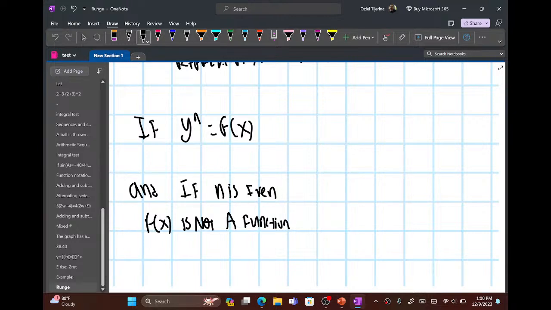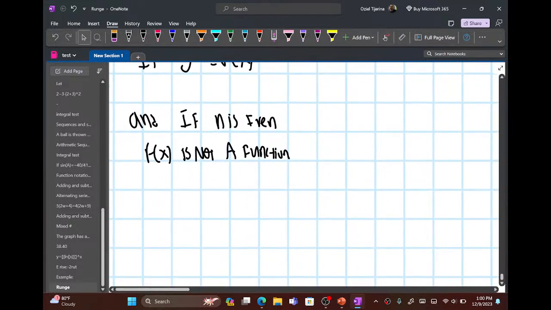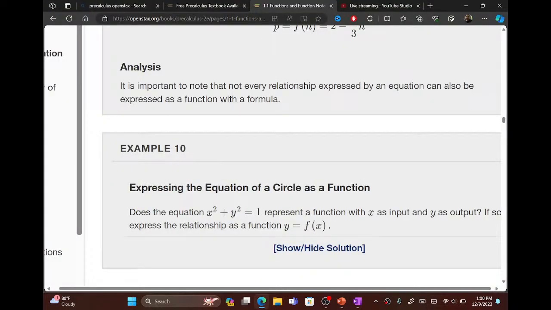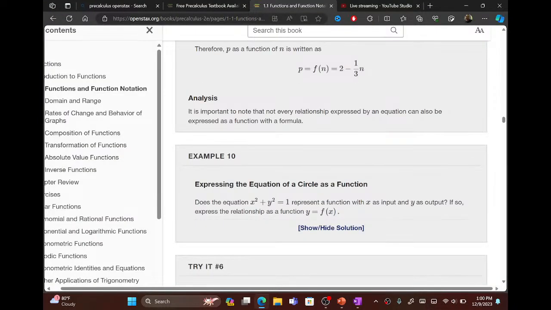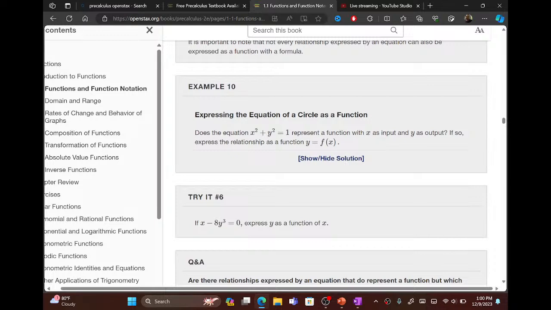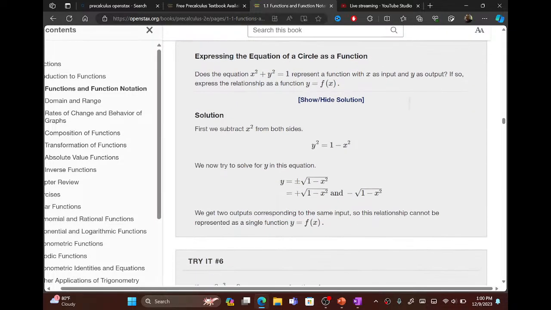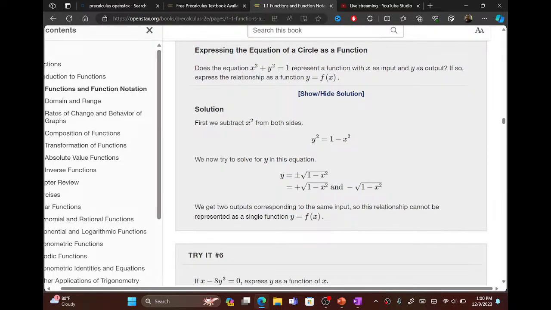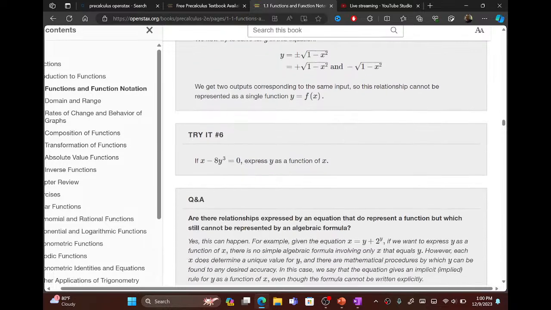Okay? And if n is odd, f of x is a function. I'm sure there are examples in the book. I'm just stating that right now. For example 10, that's basically what that means. We can clearly see it has two different things going on for y, so it cannot be a function.